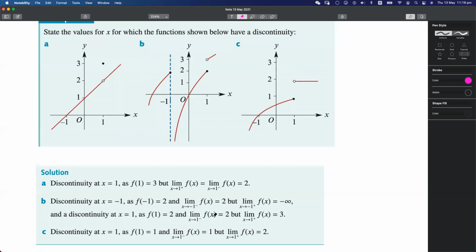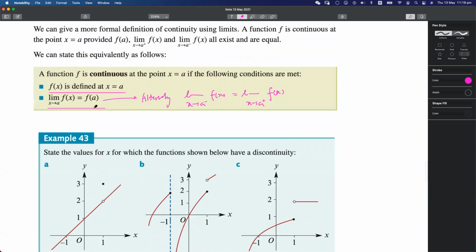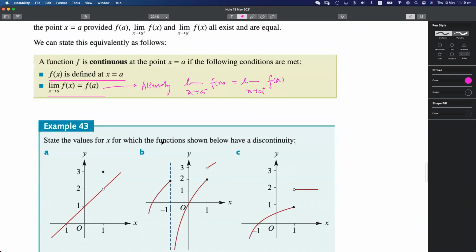They have different values. And the discontinuity at 1, again, they have different values when they are approaching from different directions. So they didn't satisfy the second condition.